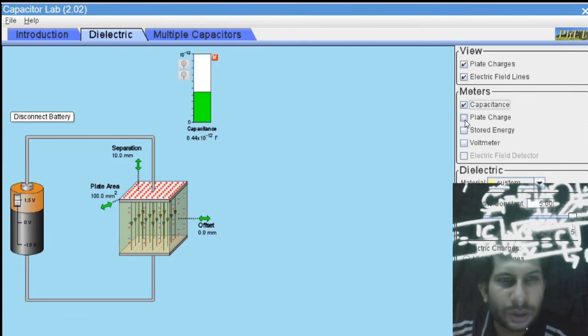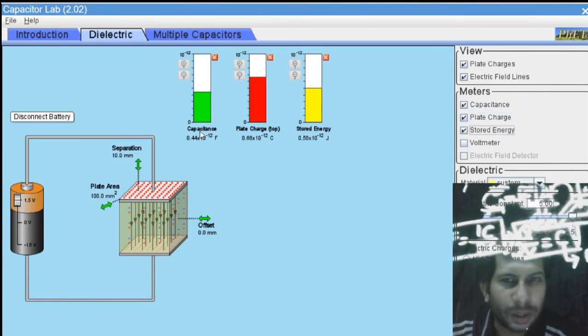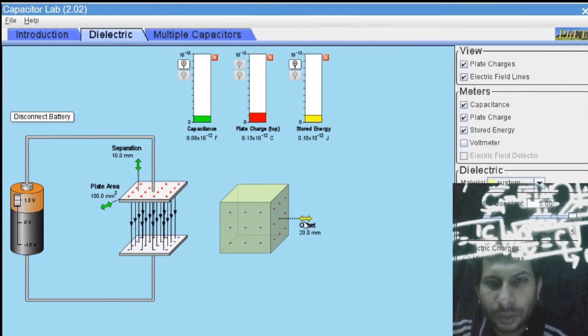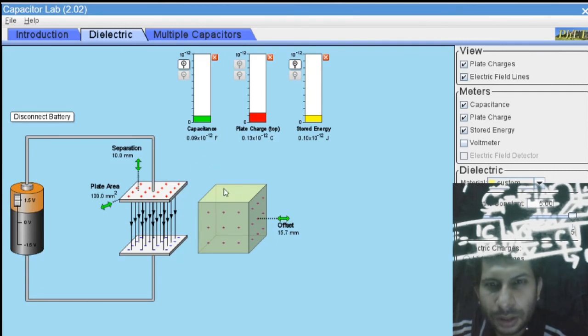Now we can observe the plate stored charge here. You can observe that without inserting the dielectric between these plates, we have 0.08 into 10 to the power minus 12 farad capacitance developed between these plates.